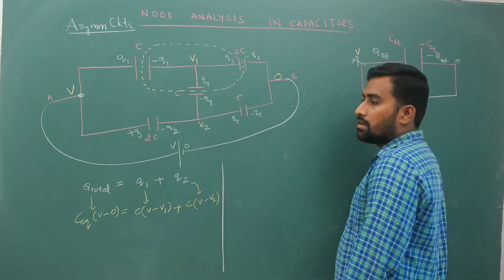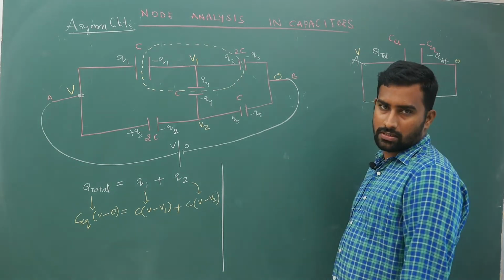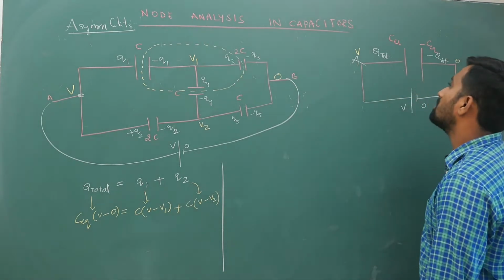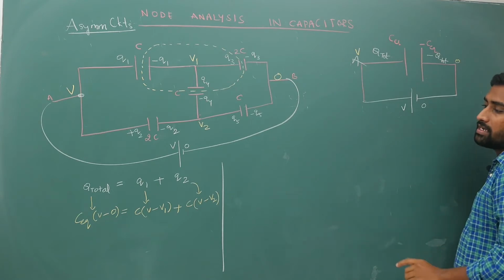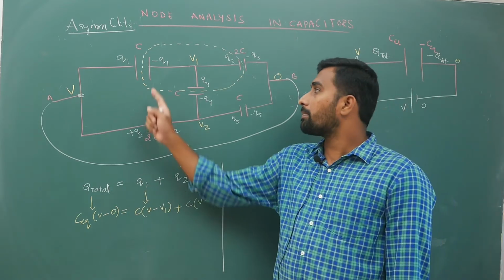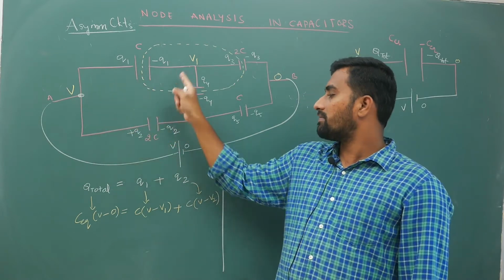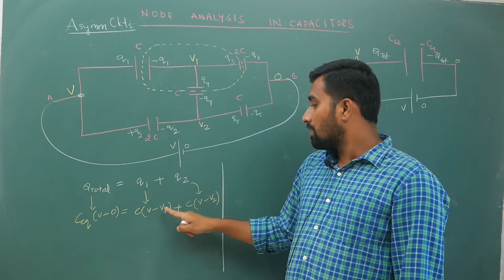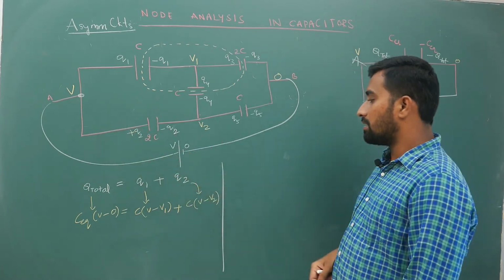We know that charge Q is capacitance into potential difference, so positive charge Q is higher potential minus lower potential. For the Q1 capacitor, the potential difference is between V and V1, so it is C times V minus V1.